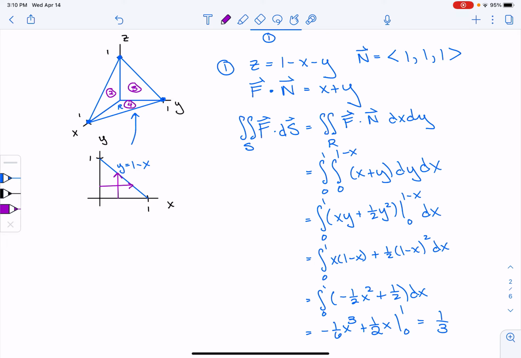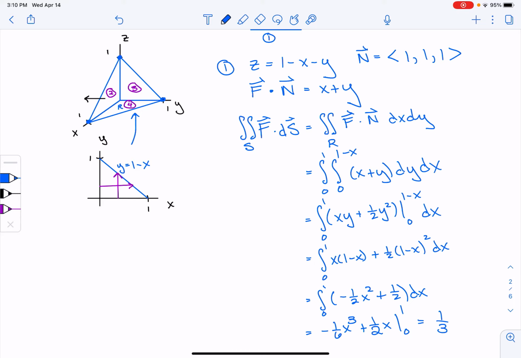Okay, so I'm going to start with x equals 0. That's surface 2. And I'm going to notice that finding the unit normal vector for this surface is super easy, because it's just the vector pointing to the left.